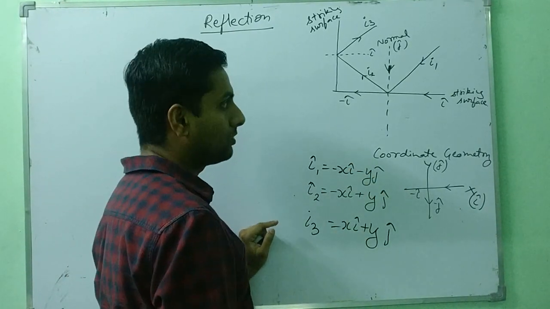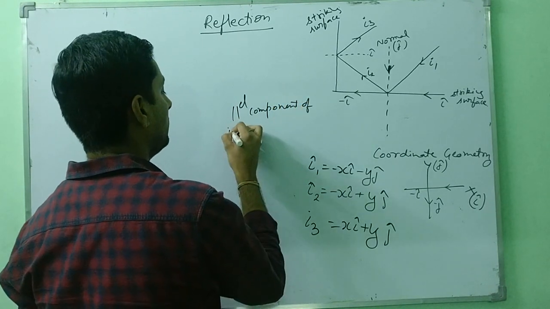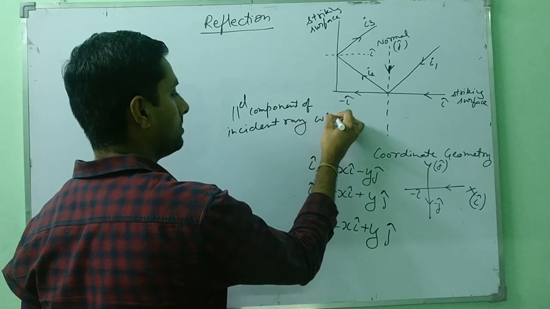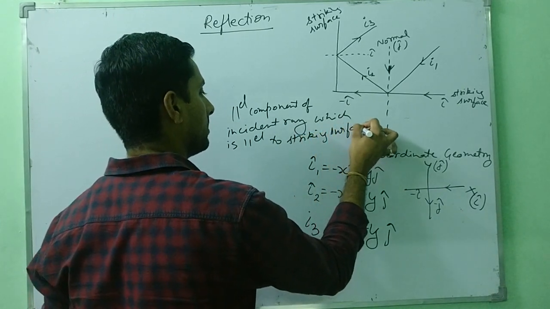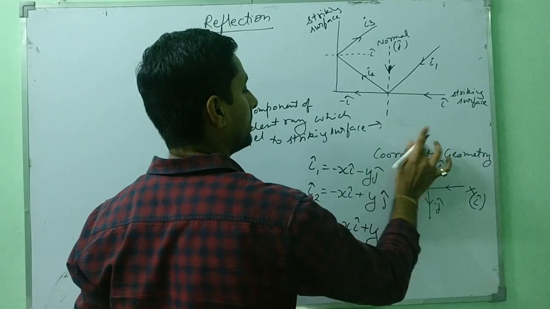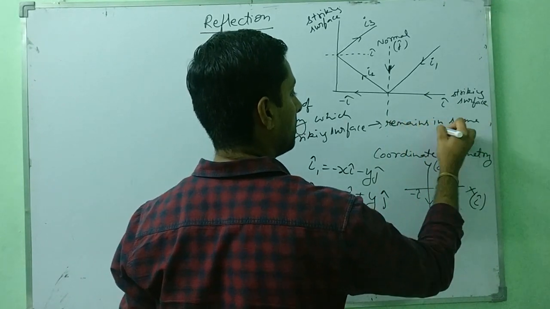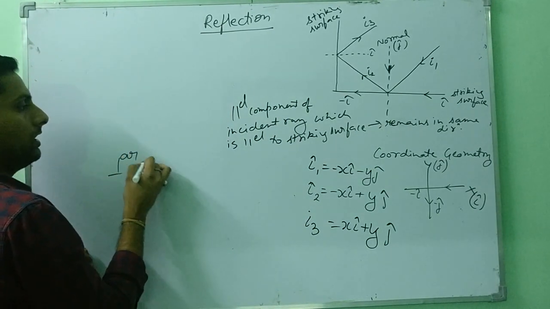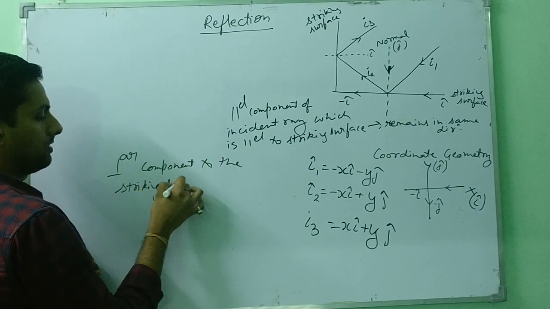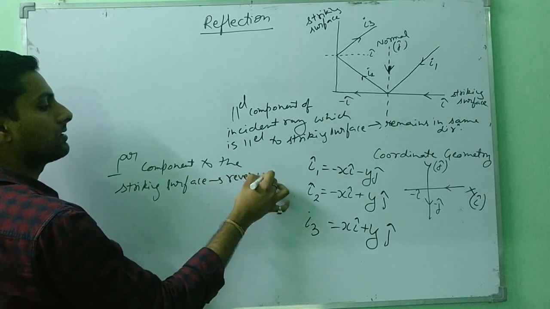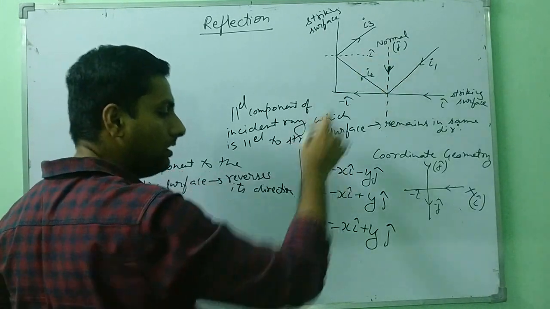Now you understand? So always the component of the incident ray which is parallel to the striking surface remains in the same direction, while the component perpendicular to the striking surface reverses its direction, which I hope you can understand better from these three geometrical rays.